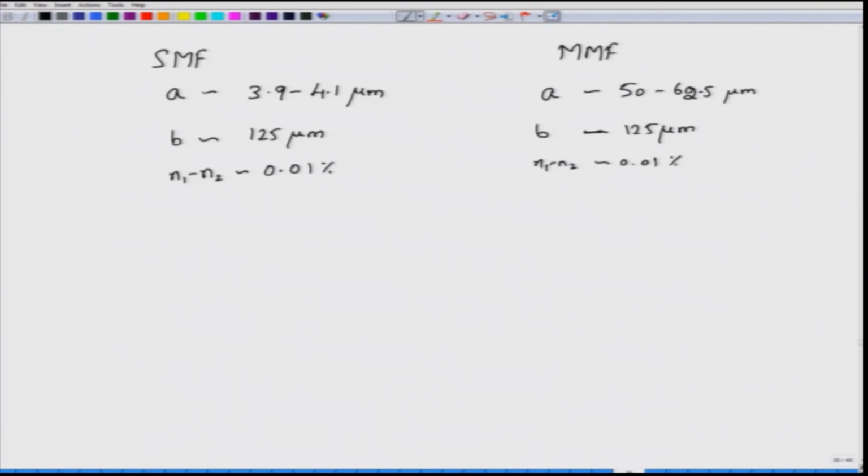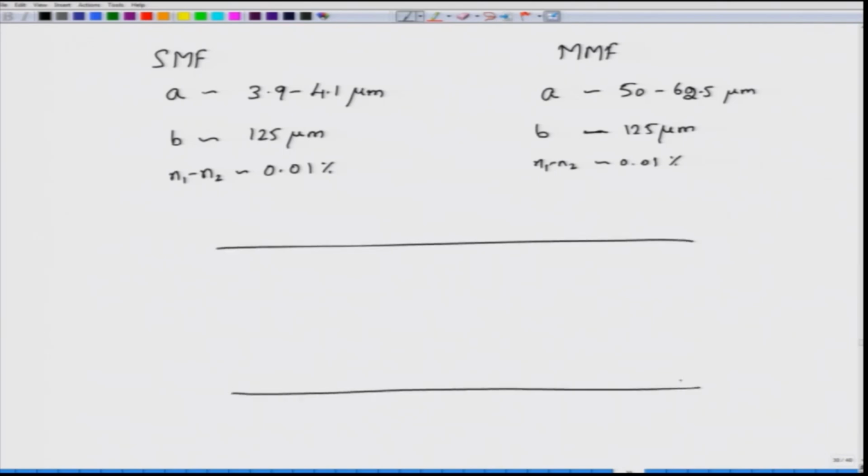But the problem with these multimode fibers is that they are going to distort the signal because of an important distortion mechanism called intermodal dispersion. What is this intermodal dispersion? Suppose consider light incident at an angle which is exactly equal to theta 1 c.